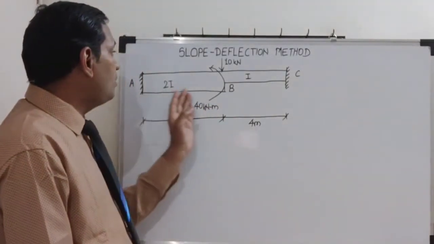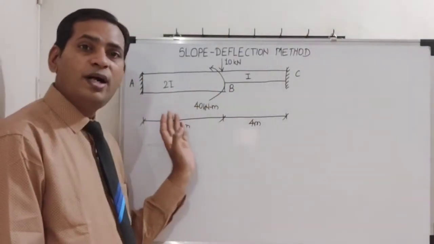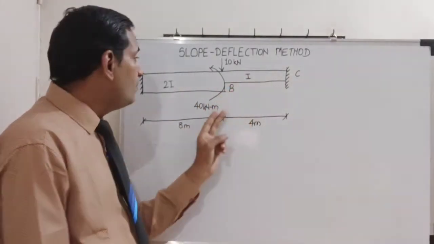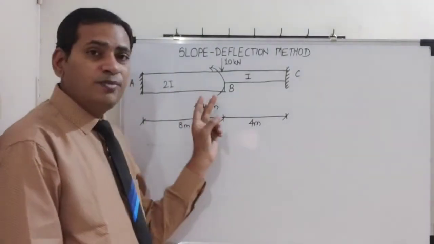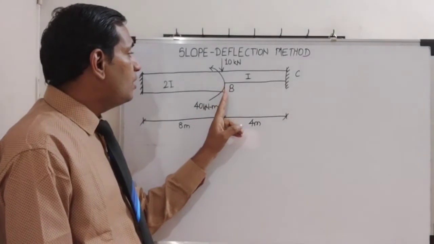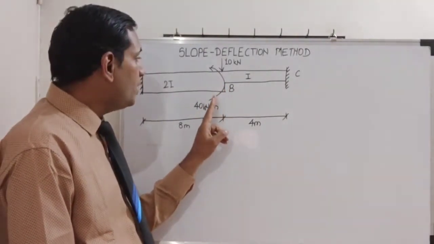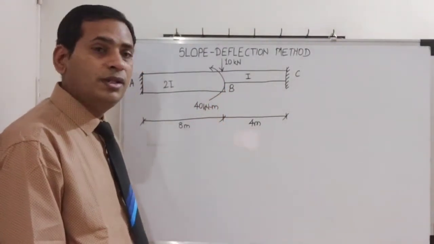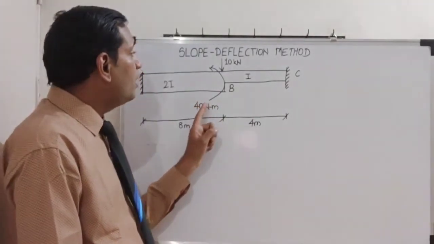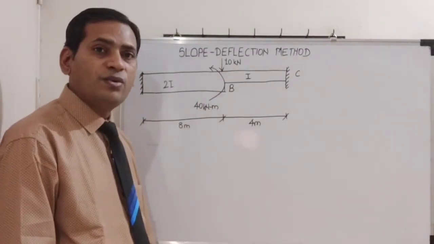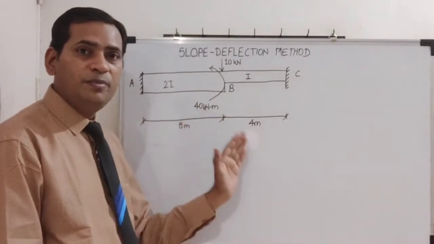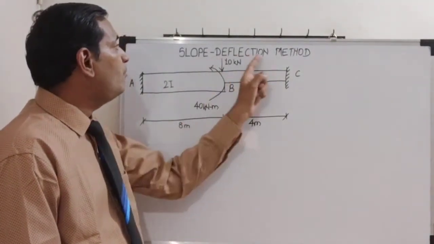One part has moment of inertia 2I, and the other has a single I value. It means there are two beams of different depths connected together at junction B, and at junction B we have two loadings. One is a 40 kilonewton meter anti-clockwise couple and another is a 10 kilonewton vertical load. So we have to analyze this slightly complicated beam using the slope deflection method.